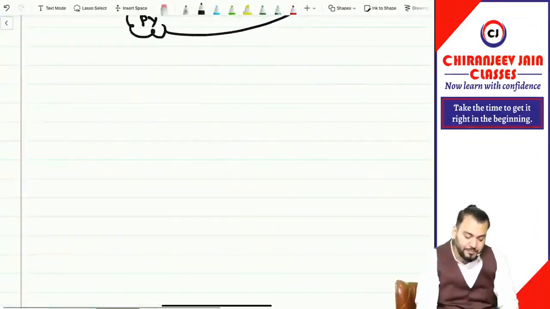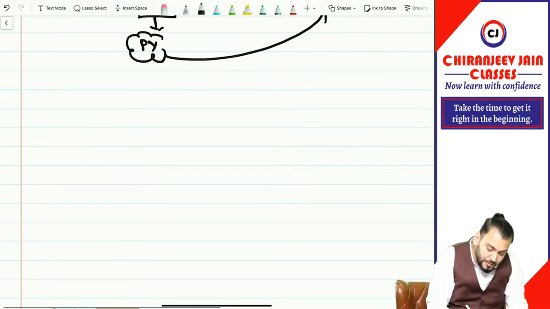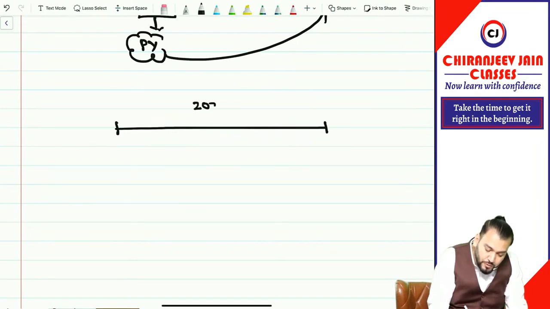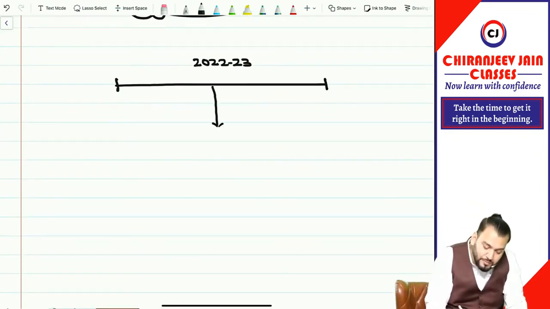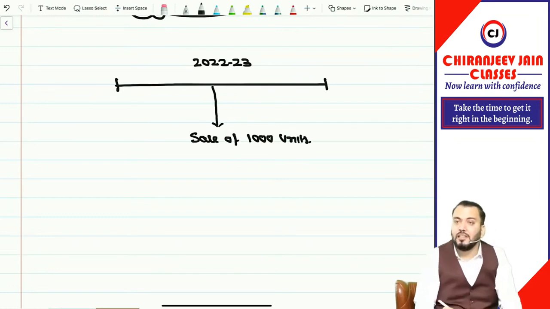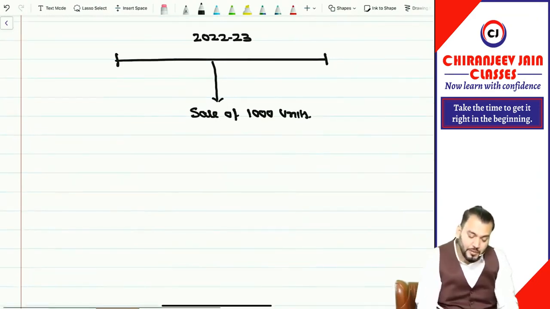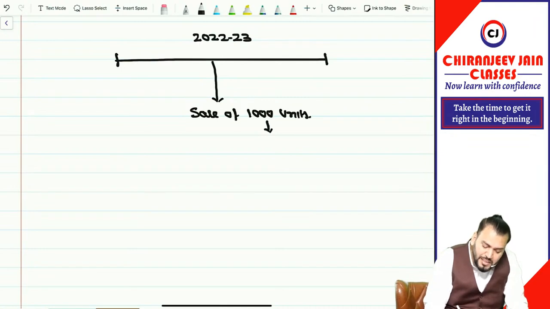Let me take one example, everyone. Suppose this is one year, 2022-23. In this year you have made a sale of 1000 units, with, let us assume, a 2-year warranty.